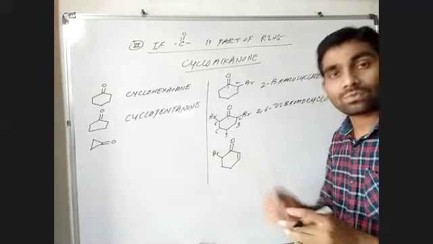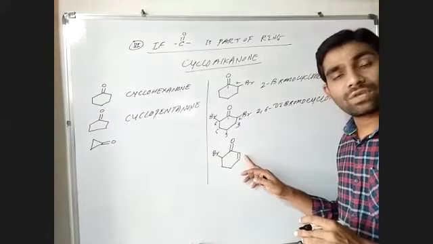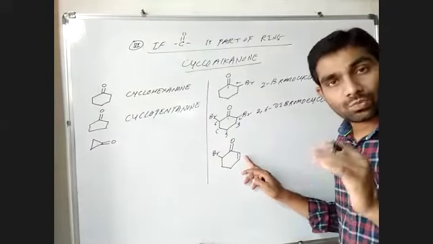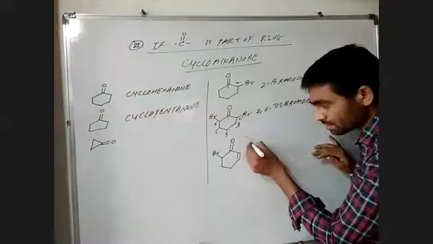Priority of functional groups: double bond is always superior to halogen. So we have to go clockwise.